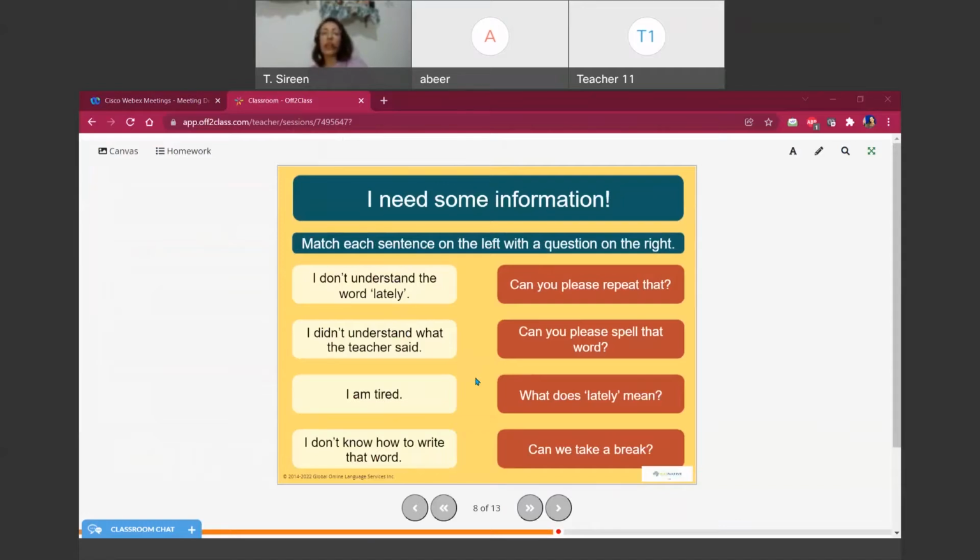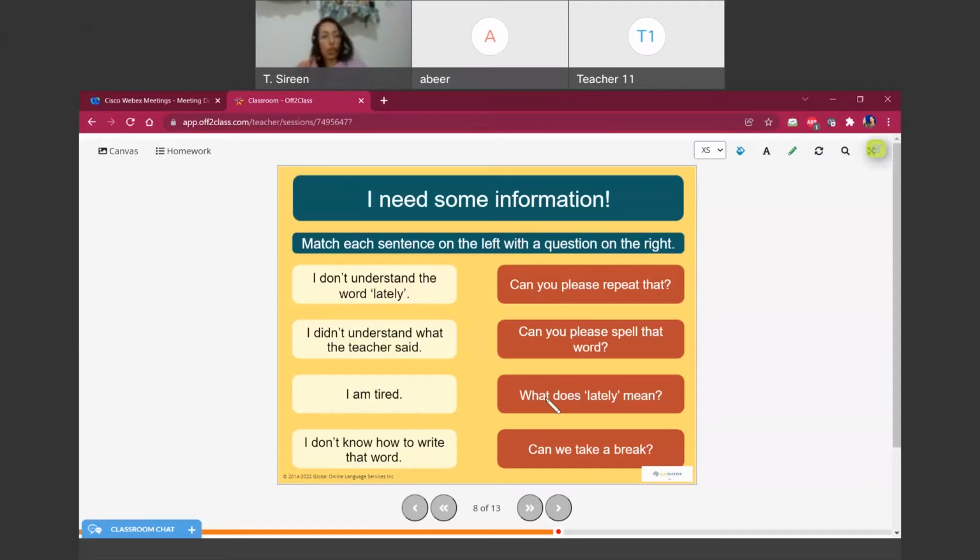For example, if I say, I don't understand the word lately. So can you repeat that? Or I don't understand the word lately. What is that supposed to mean? Can you please repeat that?